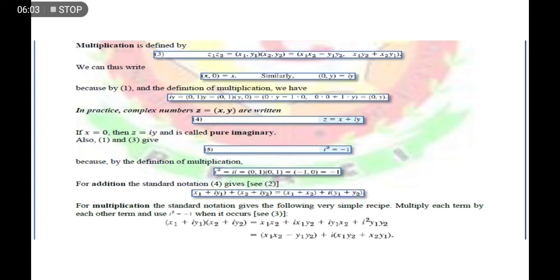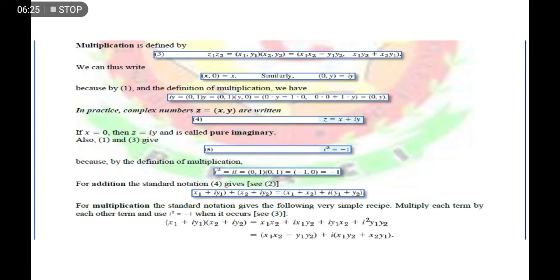This computation shows that iy should be represented by 0, y.